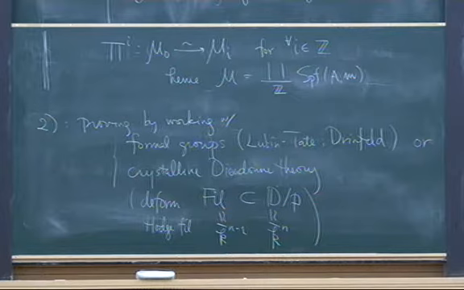J is the one I defined before. The action of G is called the Hecke correspondence.